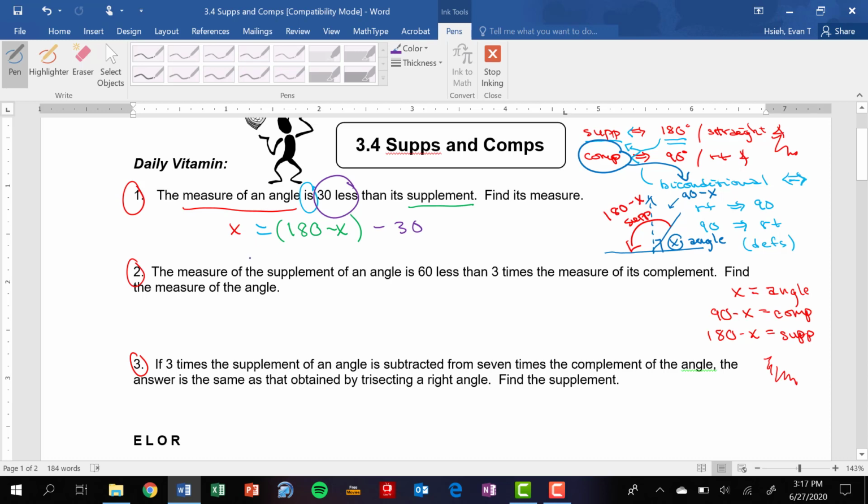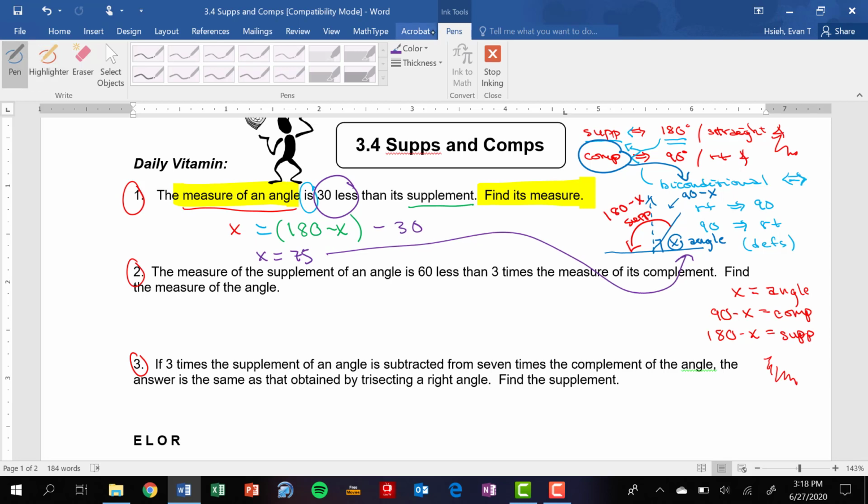And then I can solve this thing for X. I go ahead and do all the work here. I get X is equal to 75. And that represents the original angle. You have to make sure that you are solving for what it's asking for. In other words, it says find its measure, which is representing the measure of the angle. And so we did find the measure of the angle.